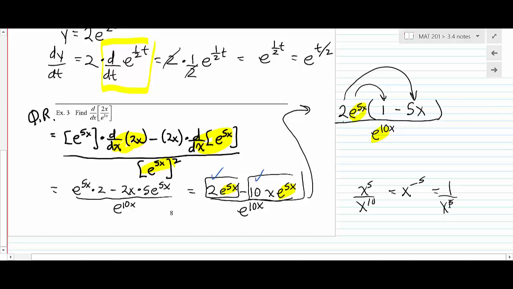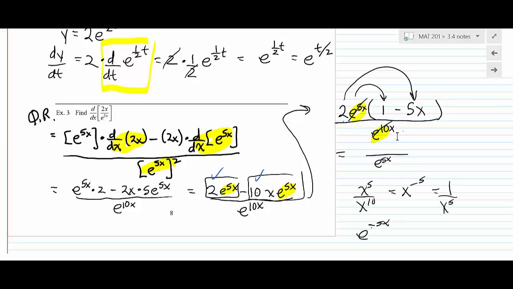So in your head, what's happening is you are really getting e to the negative 5x, right? When you subtract 5x minus 10x, you get that. So what you end up with after you cancel is an e to the 5x in the bottom. Just think of it this way. There's 5 e's in the top, there's 10 e's in the bottom. Isn't there 5 more in the bottom? That's the way I look at it.